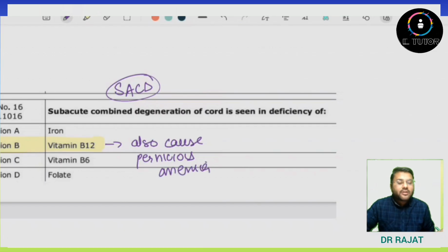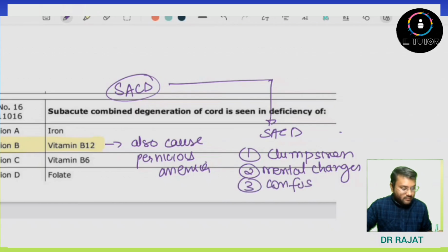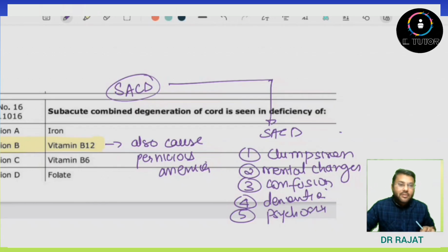The features of subacute combined degeneration are clumsiness, mental changes, confusion, dementia, and psychosis. So the answer here will be vitamin B12.